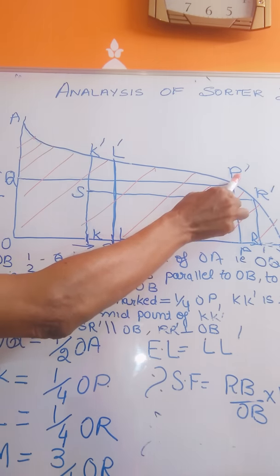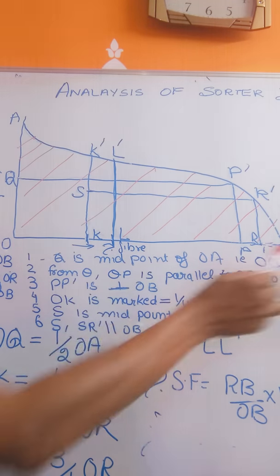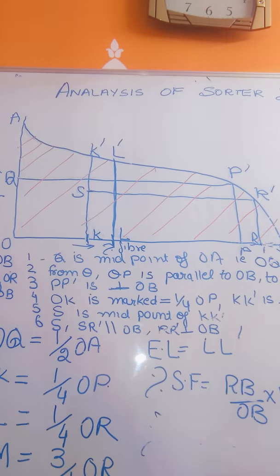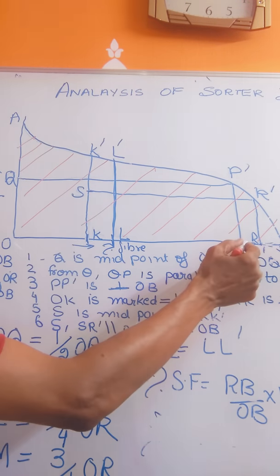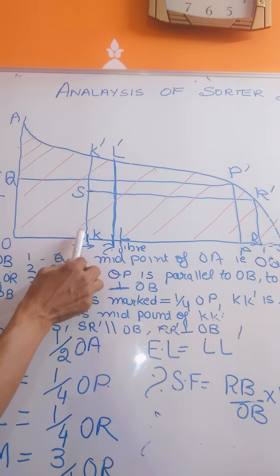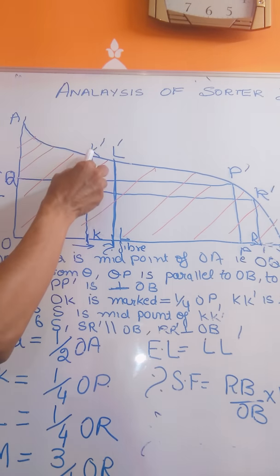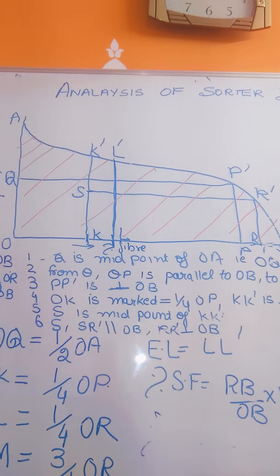From P dash, P is perpendicular to OB. Then OK is 1/4 of OP, and from K another perpendicular is drawn, which cuts my curve at K dash.